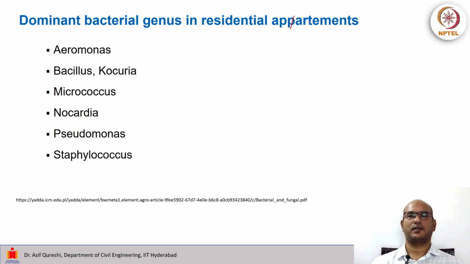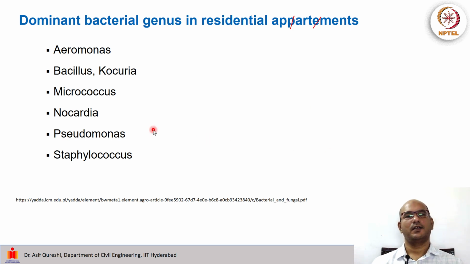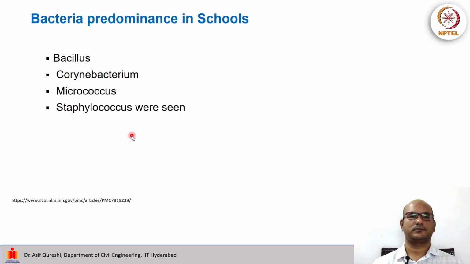So these bacteria can be found. In the schools also, we may find Bacillus, Corynebacteria, Micrococcus and Staphylococcus. So a wide variety of bacteria are possible to be found in the school environment.